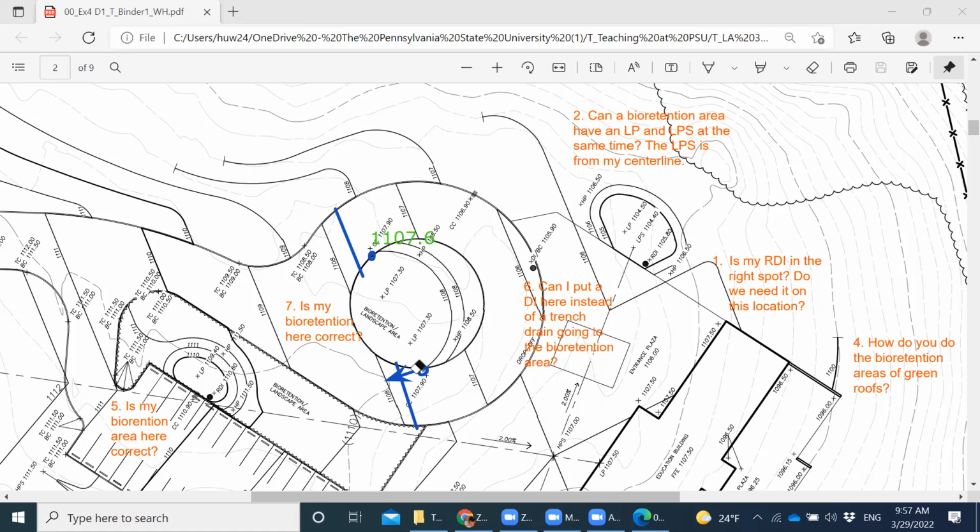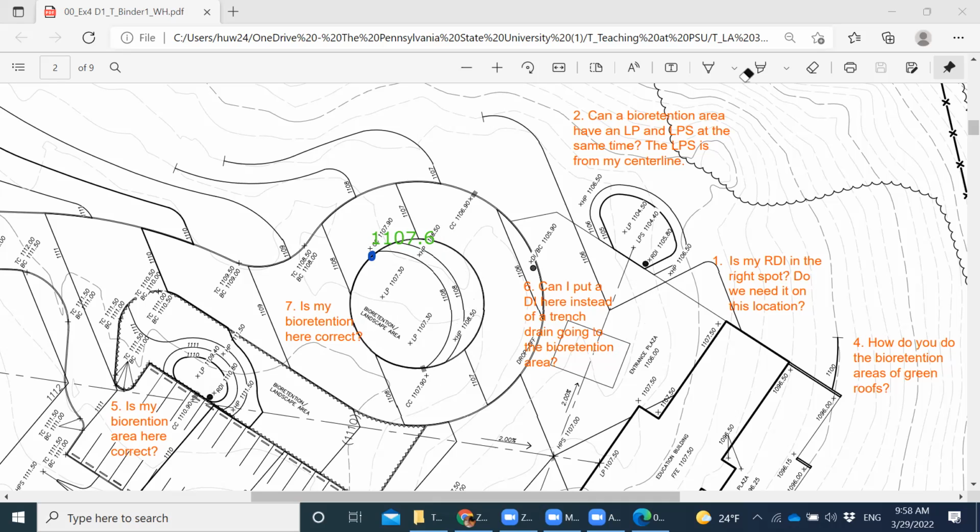Because of that, your LP will change to lower, at least 0.3 lower. And then your HP, yes, you would have a 108 and an HP. That's correct. So overall, except for the CC, other things are correct.